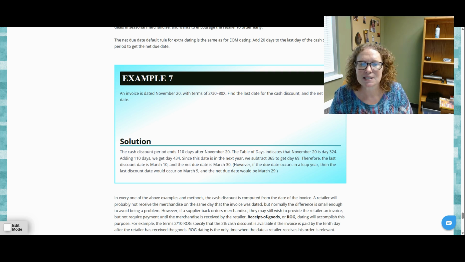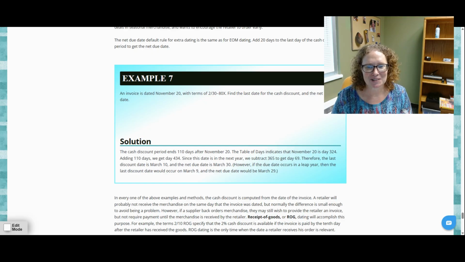So that's going to take us to the next year. So we need to subtract 365 from the 434, and we get 69. So then we look at day 69, which would be March 10th. So the last day discount date is March 10th, and the net due date is March 30th. But if it's a leap year, then we would look at March 9th and March 29th.